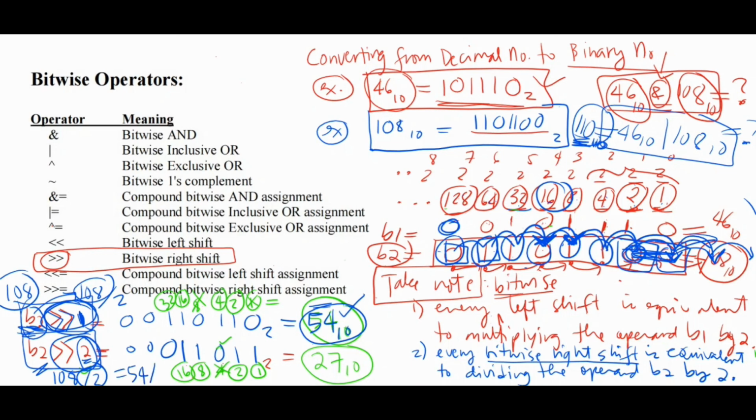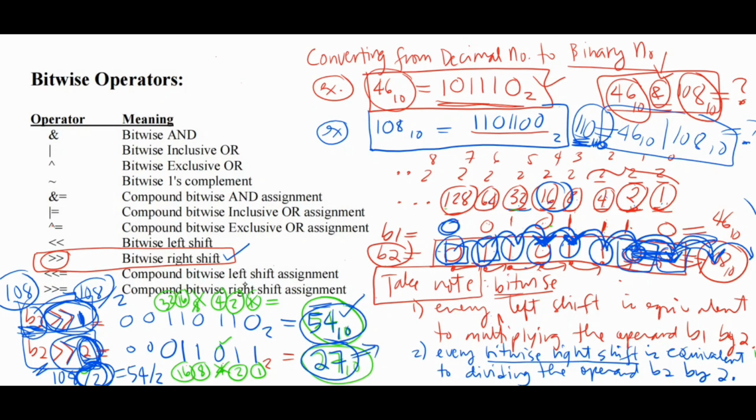The second time you divide it by 2, that's for the second right shift. 54 divided by 2 is equal to what? 27. Okay, so that's why, as you can see here, the value is 27, because we perform bitwise right shift twice, and every right shift is equivalent to dividing the operand by 2. So you divide 108 by 2 twice, resulting to 27.